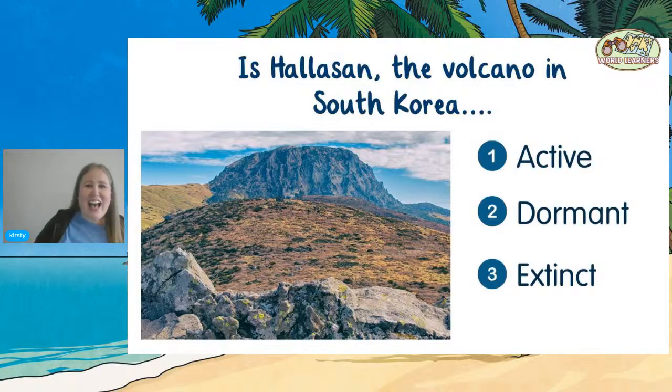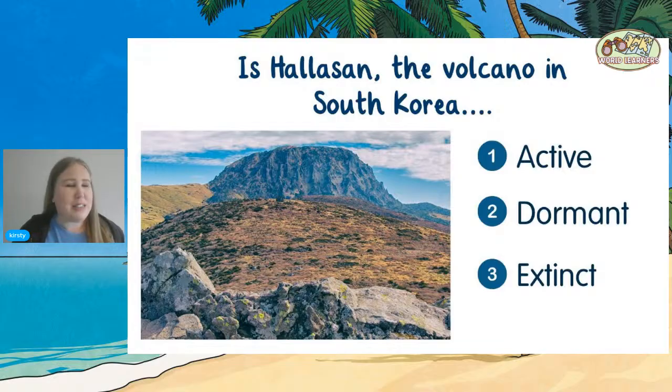Right, Hallasan. Is Hallasan the volcano in number one? It's happening again. Is Hallasan, slow down, Kirsty, the volcano in South Korea active, dormant, or extinct? What are we going with? This was last week's study. Do you remember?